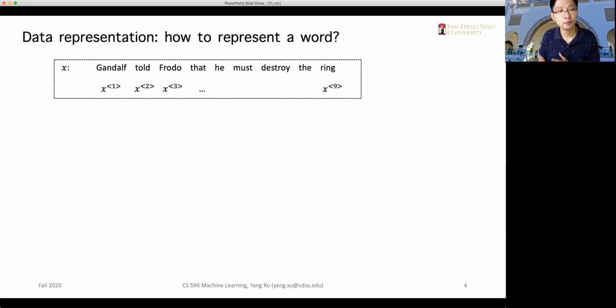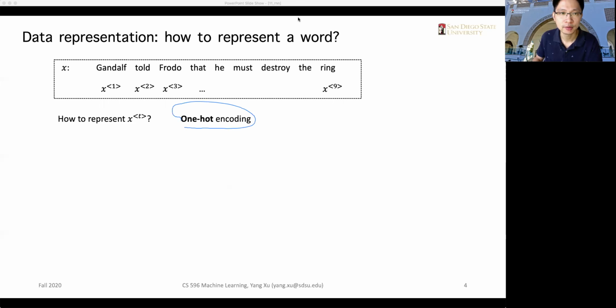But for words, we need to first convert them into some sort of numbers, right? With this question in mind, we have several strategies to deal with it. One way is to use one-hot encoding to represent a word. This is the typical practice for representing words with easy techniques.